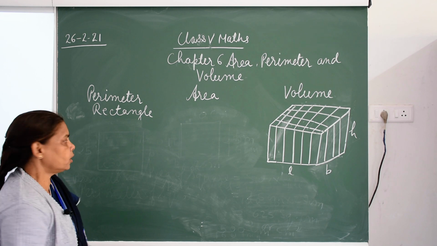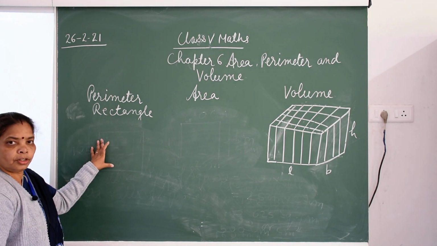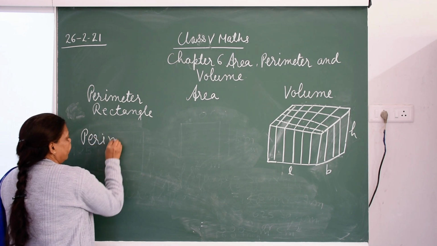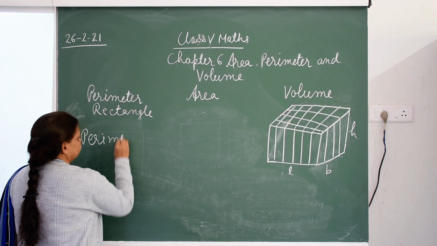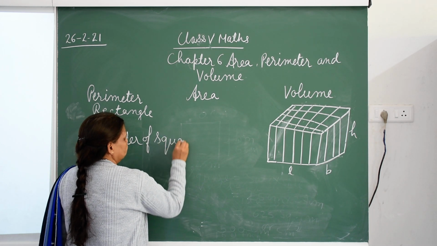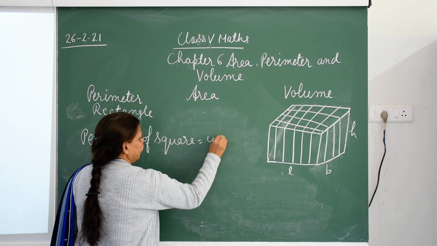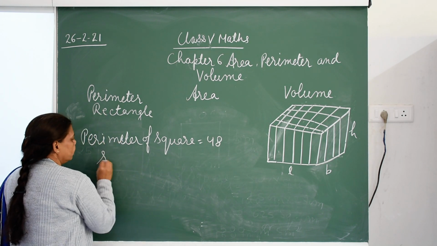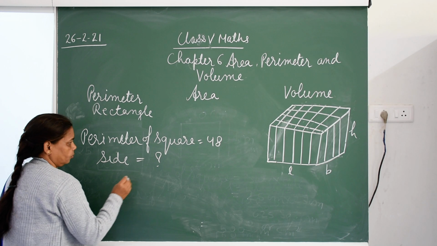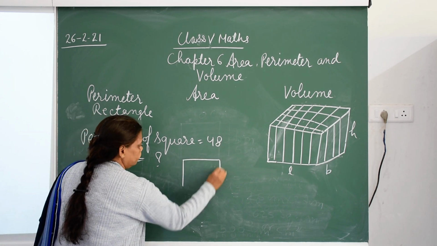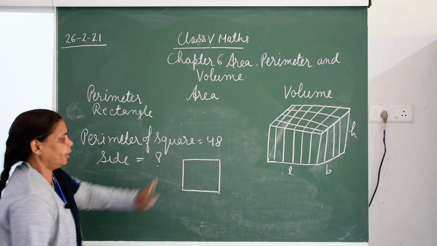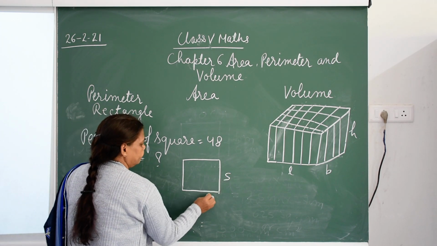Now how to find the side when perimeter is given? Perimeter of square is equal to 48. You have to find the side. This is a square, its perimeter is 48 and you have to find the side.